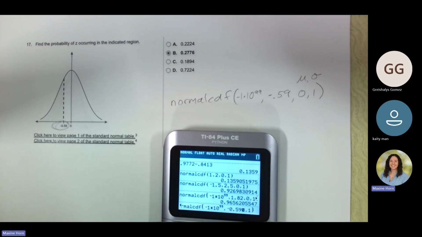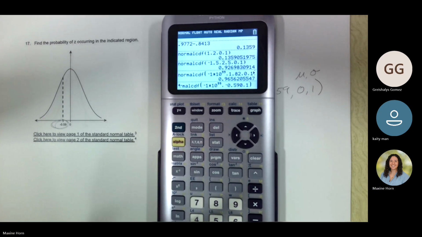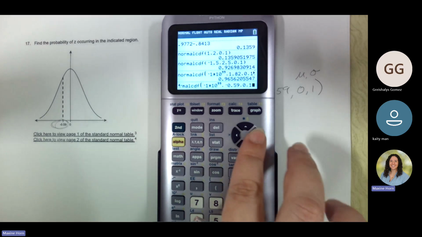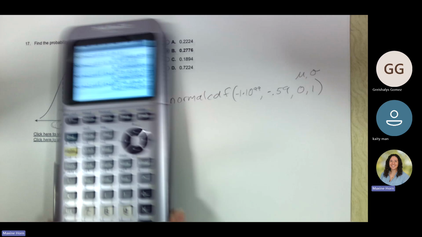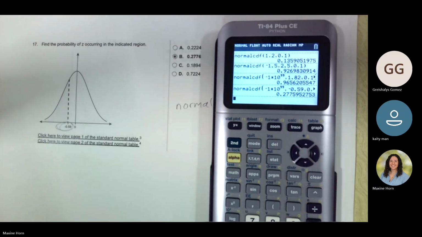And then, oh, I messed up the numbers there. So I need to make sure that I put a comma, right? Because these get separated by a comma, 0, 1, and close parentheses. Okay. And that's how we're getting 2.776.